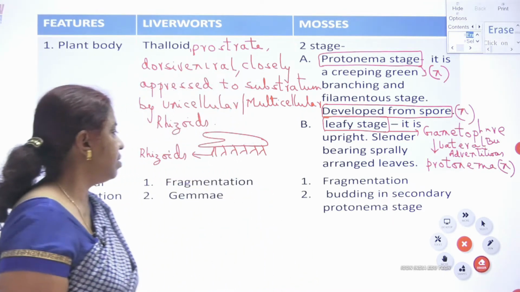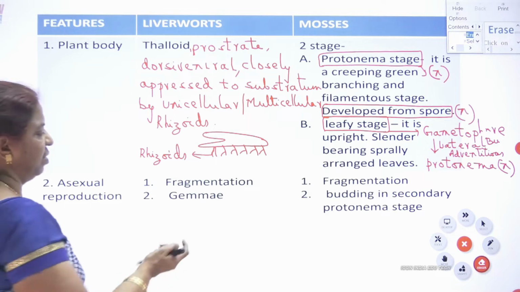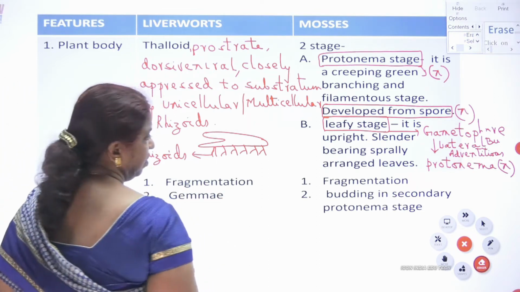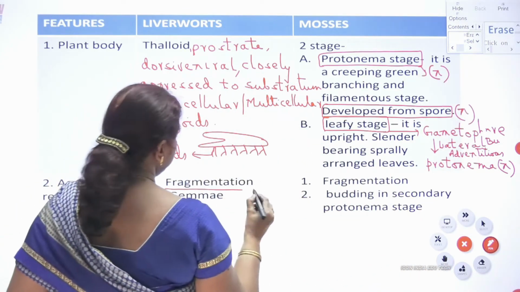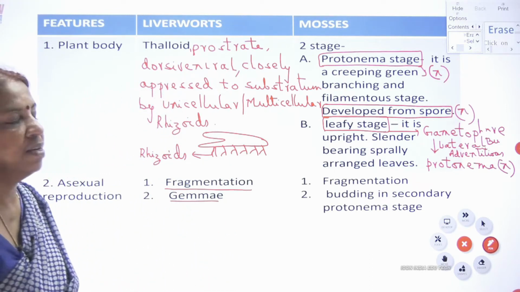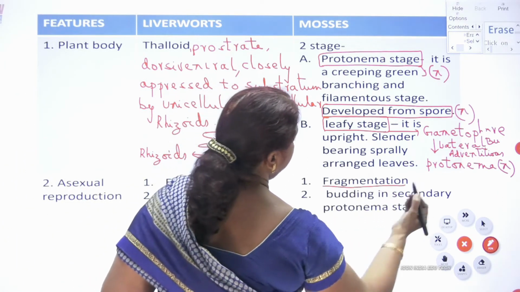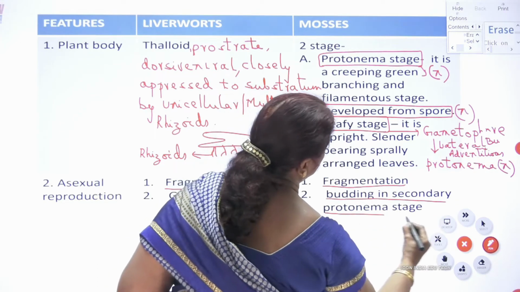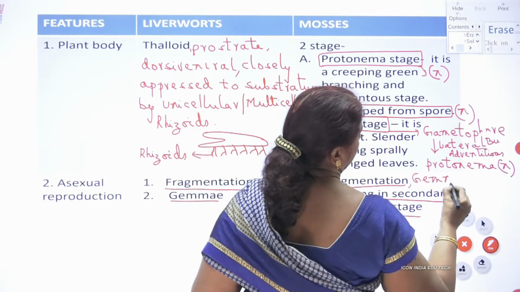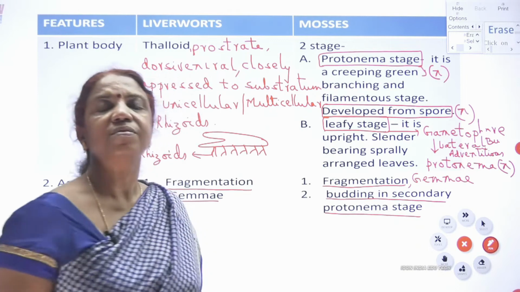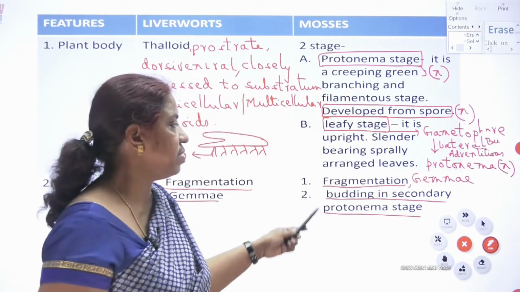The next one is asexual reproduction. In liverworts it takes place by fragmentation and also gemma cups. Fragmentation and gemmae are found in liverworts. In mosses, asexual reproduction takes place by fragmentation, budding in the secondary protonema, and also gemma formation.